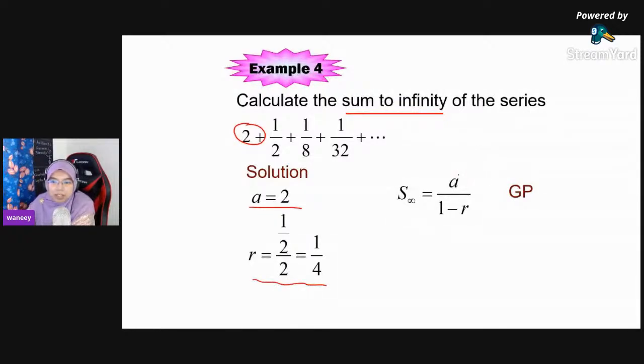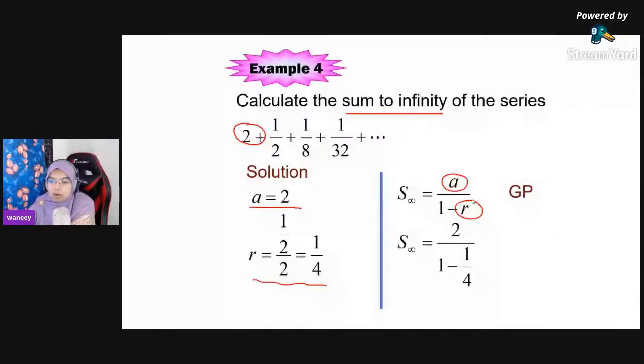That means we can replace this value A here, this value for the common ratio here. So we got 2/1 minus 1/4. So 2/3/4. So the answer for the sum to infinity is 8/3. Okay, so done with this. Next.